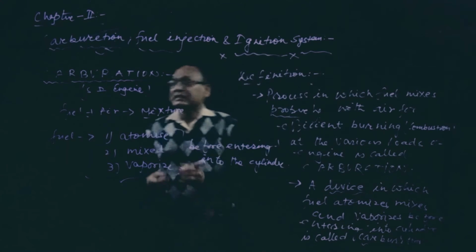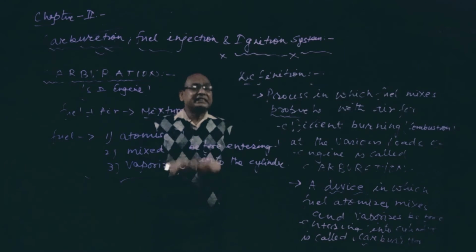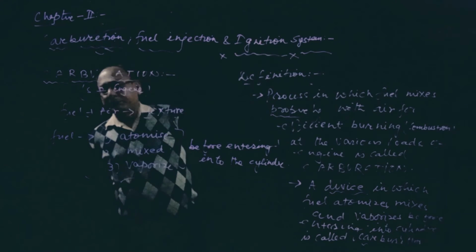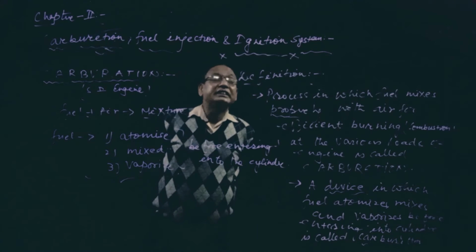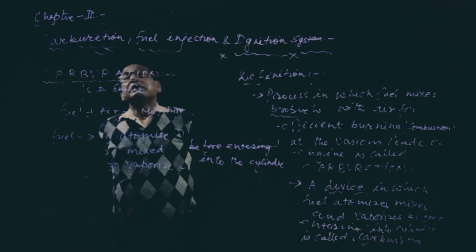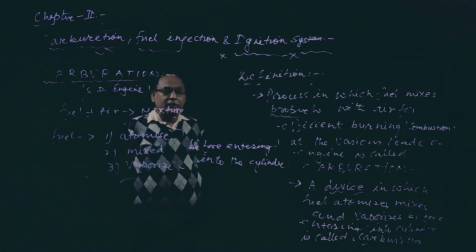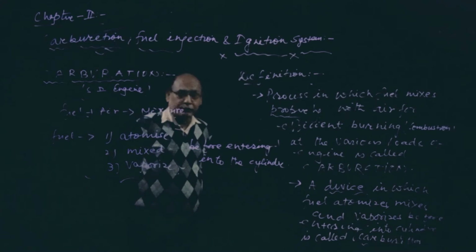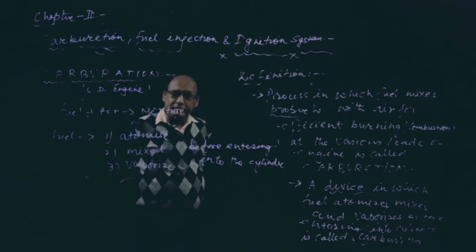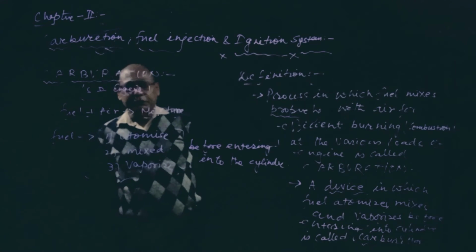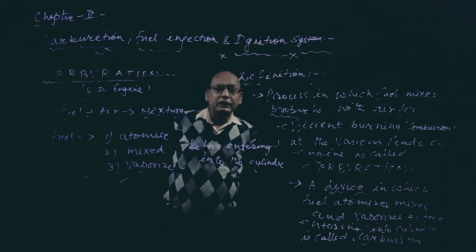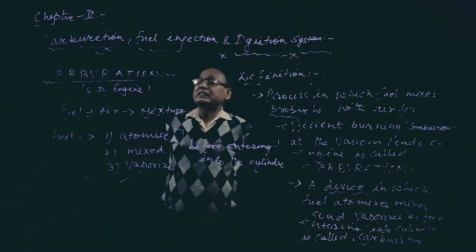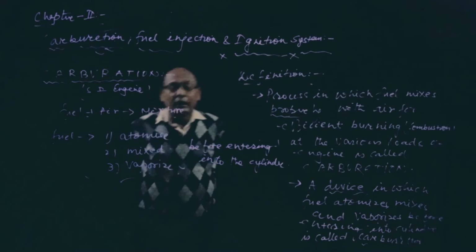Okay, so let us recap what we have studied in this class. We started chapter 2 today. The chapter name is carburation, fuel injection and ignition system. How the fuel mixes with air: not only does fuel go into the cylinder, it mixes with the air also. How that mixing takes place, where it takes place, and what ratio for the different load conditions, we are going to study in this chapter. First we saw what is carburation.